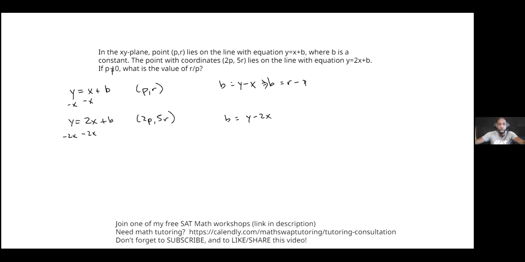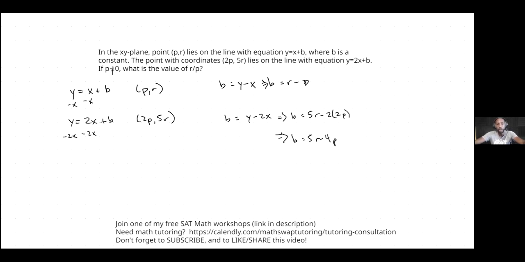Here, B is going to be equal to y minus 2x. Y is 5r, so that's 5r minus 2, and then x is 2p. So in other words, B is equal to 5r minus 4p.